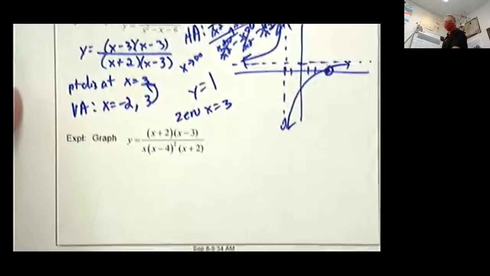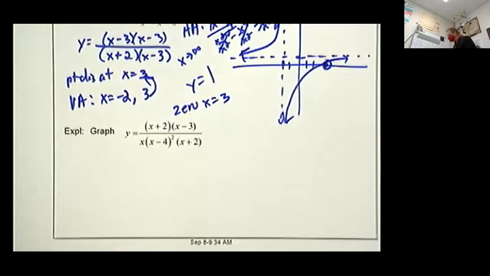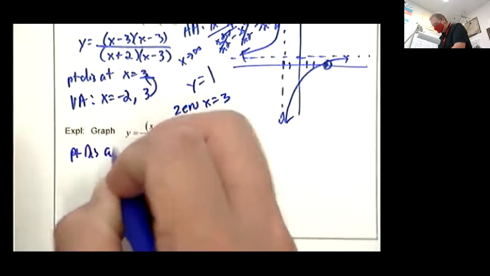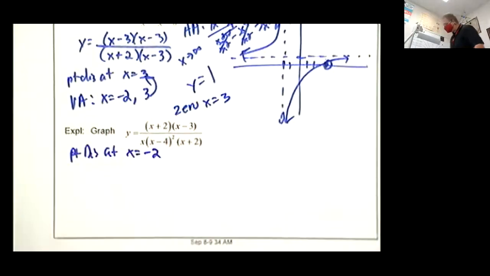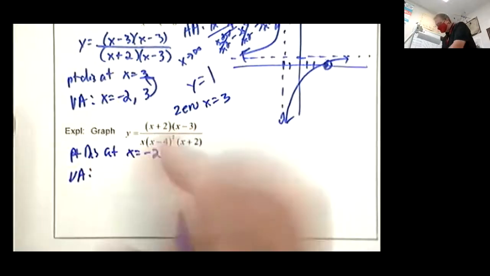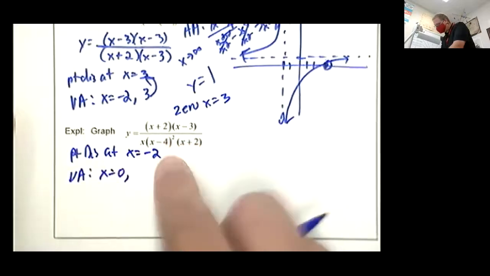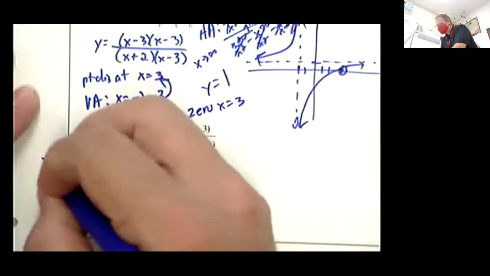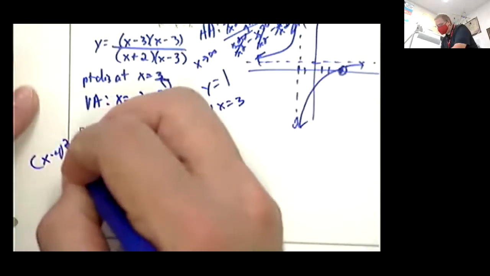Last one, the big one. Y equals this thing. First, what do we notice? We have the same linear term, so there's a point discontinuity at x equals -2. The vertical asymptote is where the denominator equals 0. So for x, we have a 0. For this, we need to solve. And so we'd have x minus 4 quantity squared equals 0.